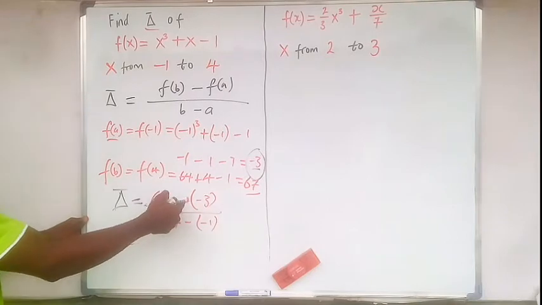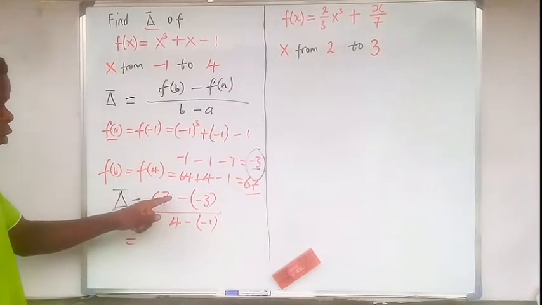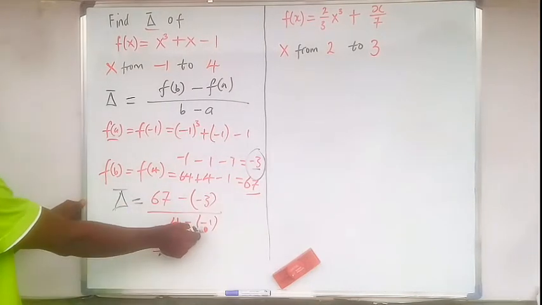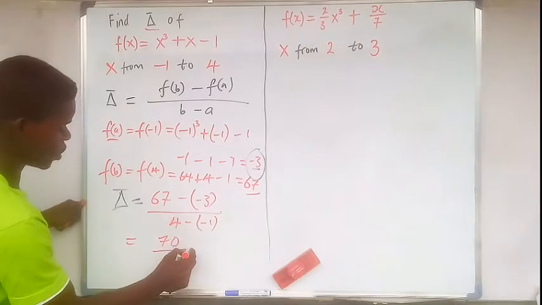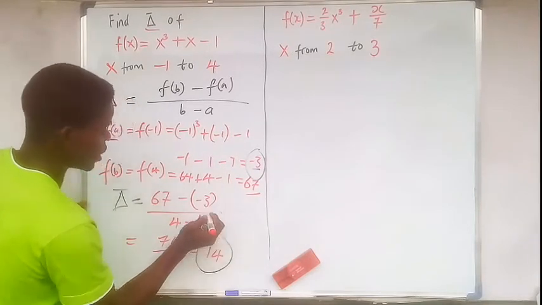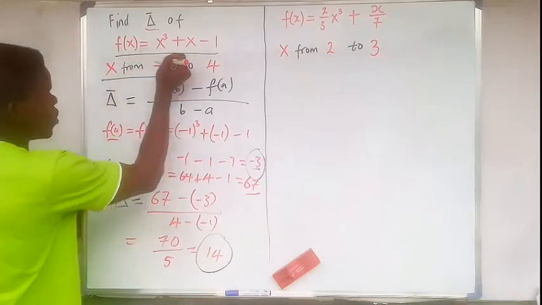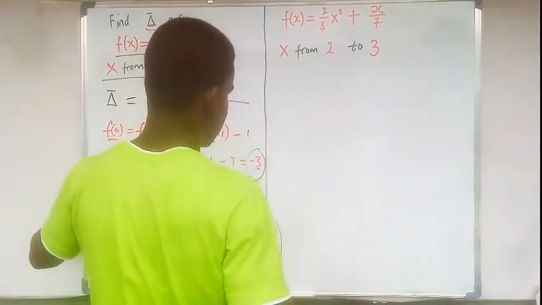This will become 67 minus a negative number; subtract a negative number from this, that will become 67 plus 3, that will become 70 divided by 4 minus -1, which is just 5. Okay, so this will resolve to what? 14. So this is the average rate of change of this function of x as x changes from -1 to 4. Okay, over to the next function of x.